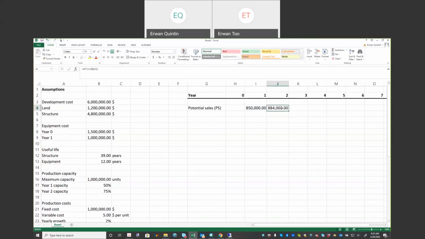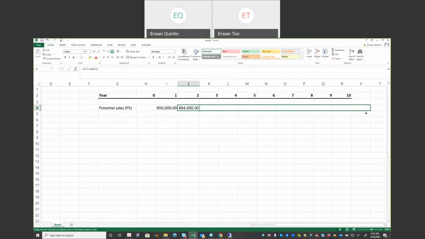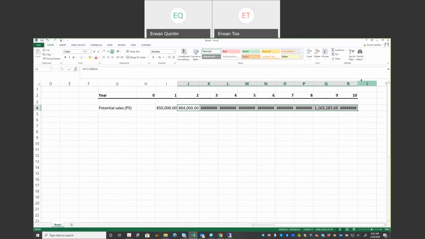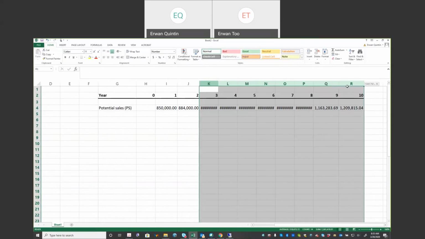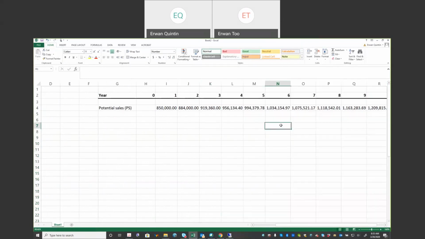Very good. So if I'm so lucky as to be able to produce and deliver on everything the market is able to handle, these are the sales that I'm going to be able to make.